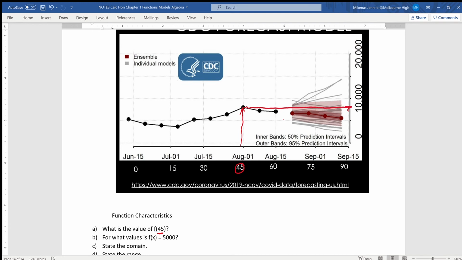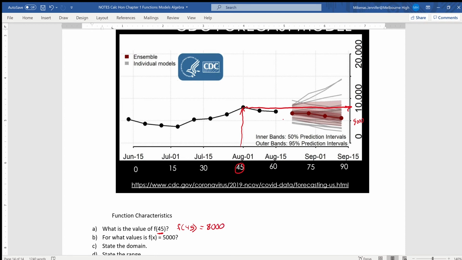So I think maybe this would be 5,000 right here. So maybe that's 7,500, maybe 8,000. I'll go with 8,000. So I think f of 45 is equivalent to 8,000.